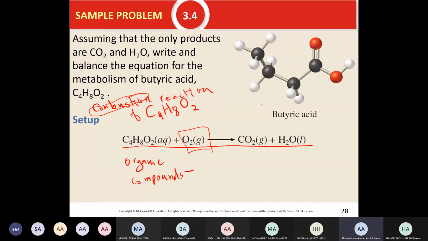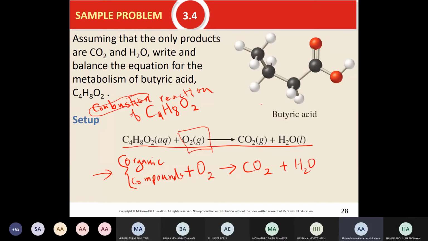Organic compound plus O2 gives you CO2 plus H2O. What's this reaction called? Combustion reaction. It's a reaction of organic compounds with O2 to give you CO2 and H2O. That's it. Okay, did you balance this equation?